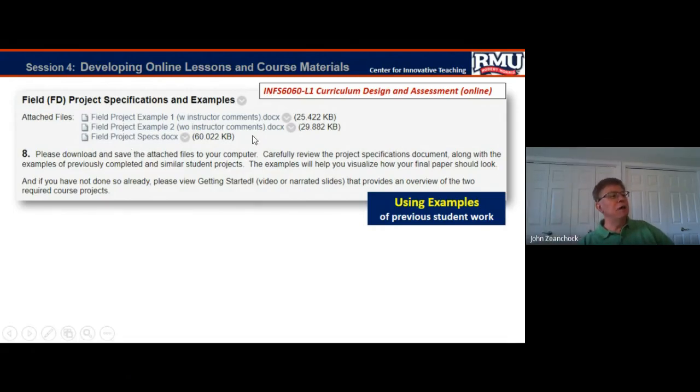But at the same time, I give them a couple of examples of previous projects that were completed by previous students, one with some comments that I made and one without, so that they could see up front, very early on, week 1 or 2, what they're gearing toward, trying to accomplish during week 8. It always helps to be able to visually see what some end results look like, so that you know how to put your own together.